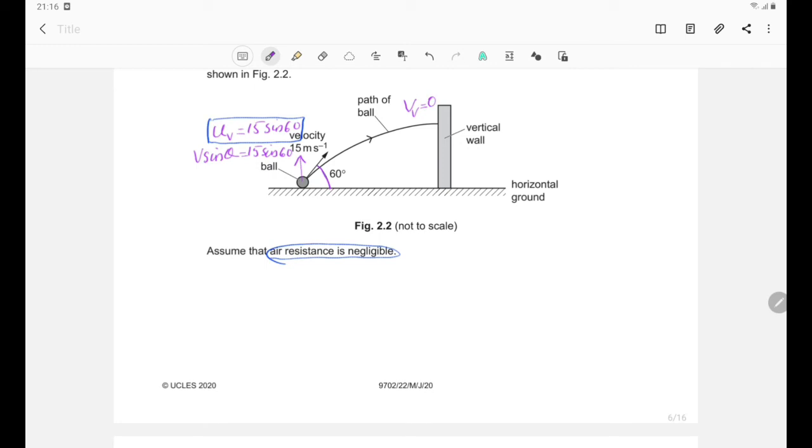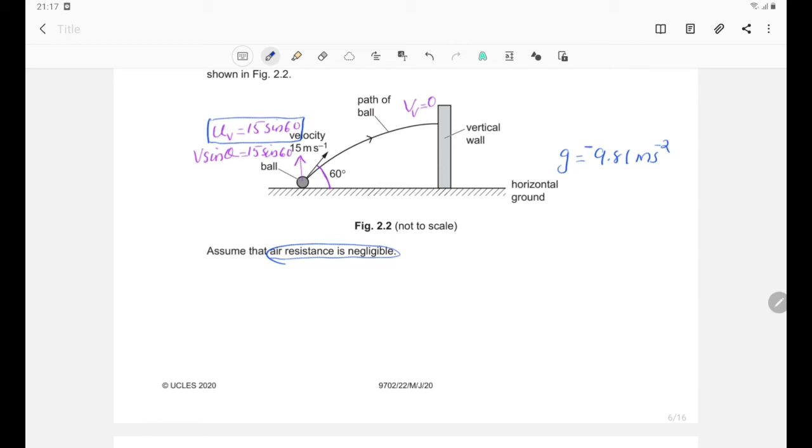Now we have uv, we have vv, and a projectile is moving under gravity, so there will always be a downward acceleration, and that downward acceleration is g. You can consider it as 9.81, but when the velocity is upward we consider it as a positive sign, and the g direction is always towards the ground. Acceleration due to gravity is always acting towards the ground or down. So you have to take a negative sign. So this is acceleration due to gravity.